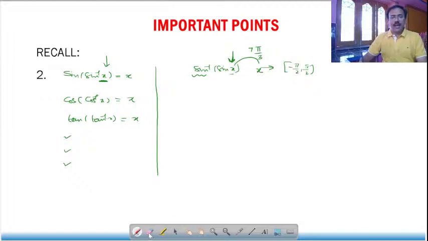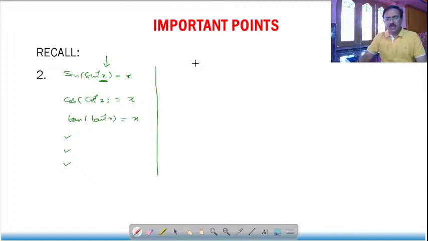To handle that, my dear friends, we try to remember this with the help of a graph. All of you please remember this: sine inverse of sine x, how to compute. It is one of the most important concepts of this topic.